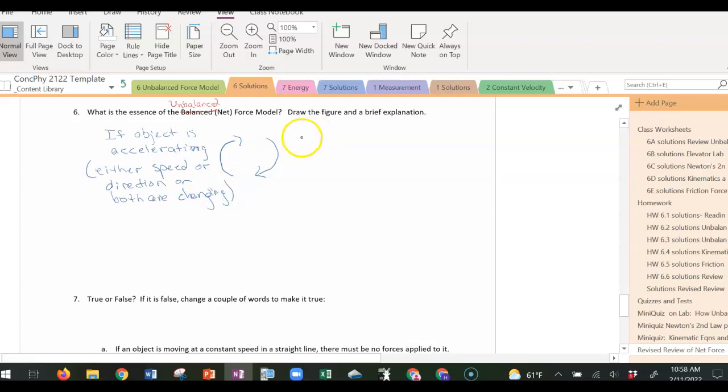Well, that means that the net force is not equal to zero. In other words, there are unbalanced forces acting on the object.